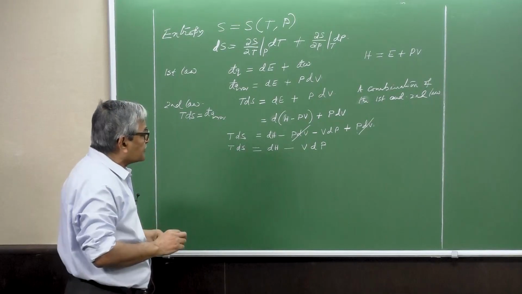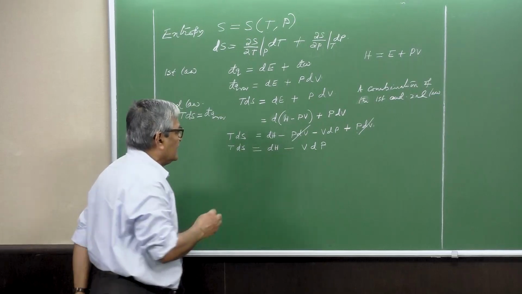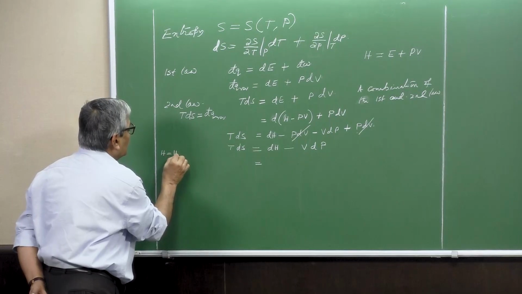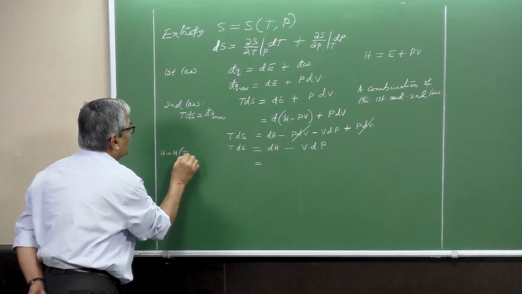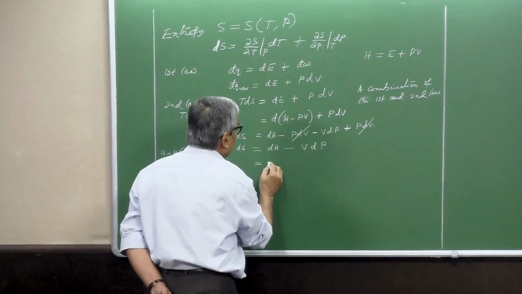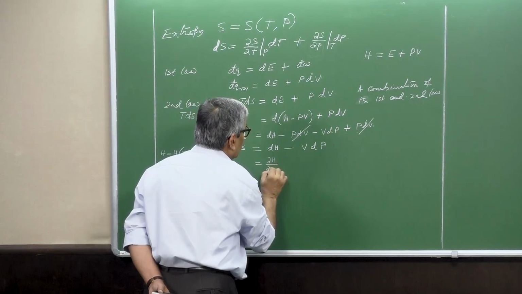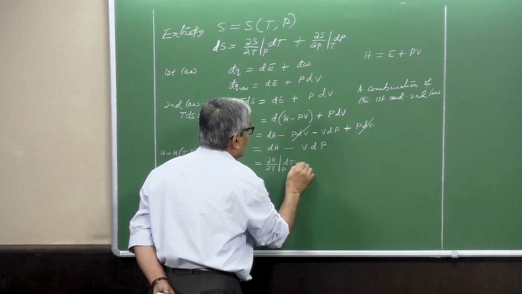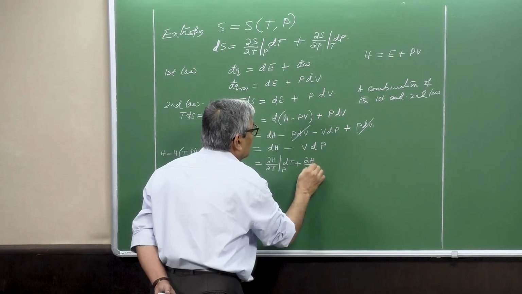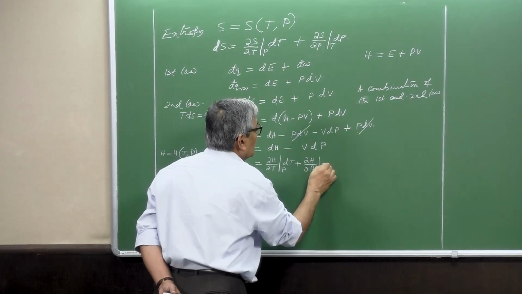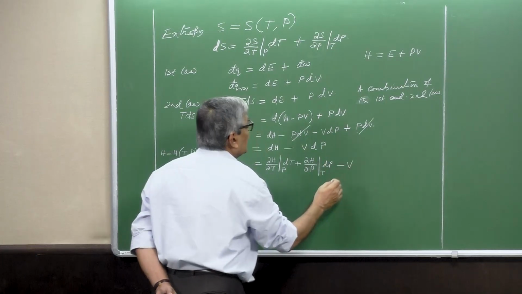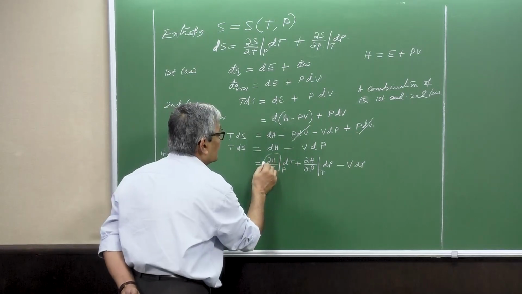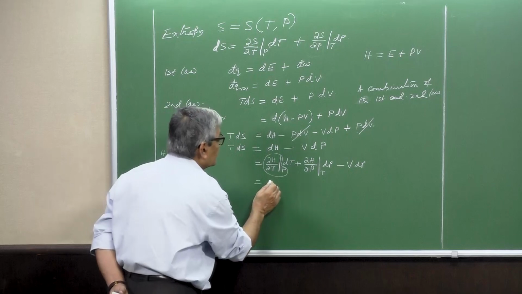Now we have gone from dE to dH, and H again is a function of temperature and pressure. Therefore, I can express dH as del H del T at constant pressure times dT plus del H del P at constant temperature times dP, minus V dP. By definition, we have identified del H del T as Cp.